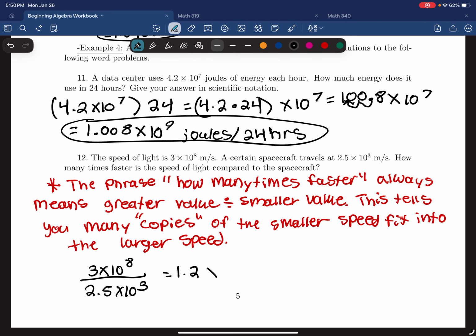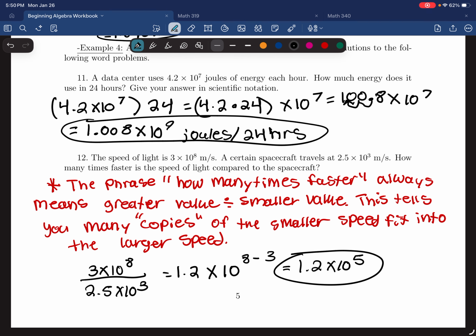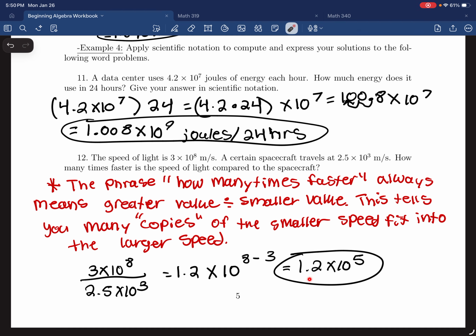And we're going to do times 10, and then our exponents, we're going to subtract. So we're going to do 8 minus 3. This becomes 1.2 times 10 to the 5th. So this is your answer. And if you were to convert this number to a rational number, this means that light is 120,000 times faster than the spacecraft.